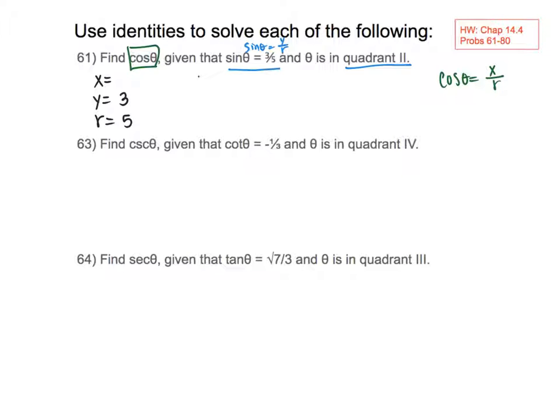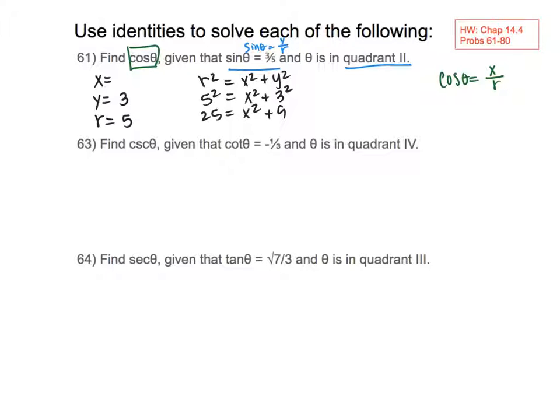So if I use the Pythagorean theorem here, x squared plus y squared, if I work it out, I just plug in 3, and I plug in x. Actually, let me make this correspond. So this would be x squared plus 3 squared equals 5 squared. So this would be 25 on this side, x squared.